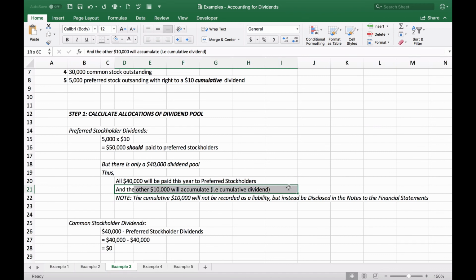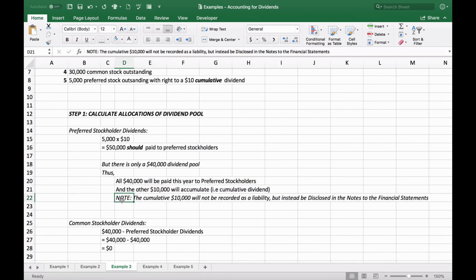That is the cumulative dividend. So that $10,000 must be paid to the preference shareholders and any other future or previous cumulative dividends before any common stockholders or ordinary shareholders can get their dividends. That's the cumulative part of a preference dividend.